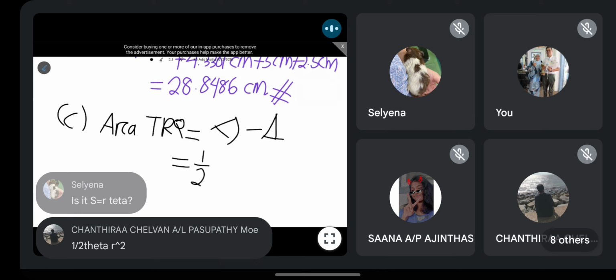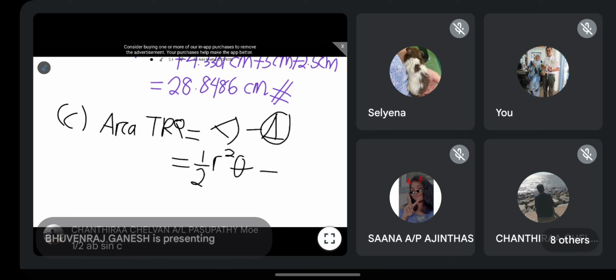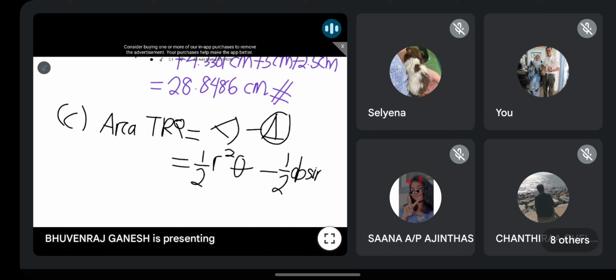Yes, okay, half R square theta. This is the formula to count luas sector. Triangle guys, what formula do we use to count luas segitiga? Yes, correct. Half AB sin C.